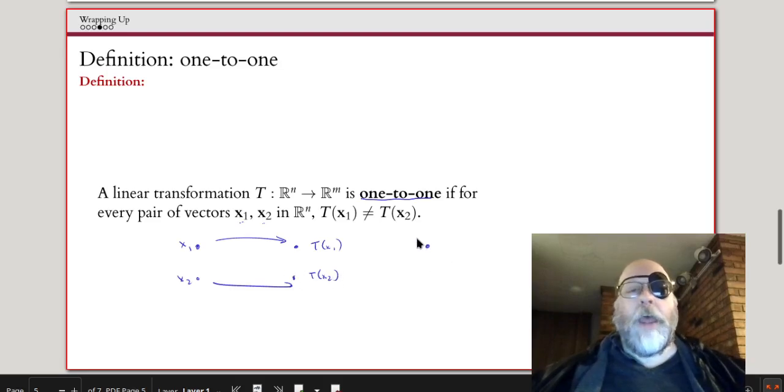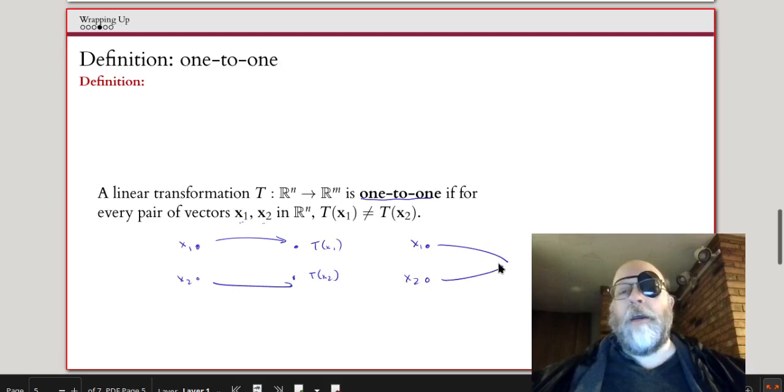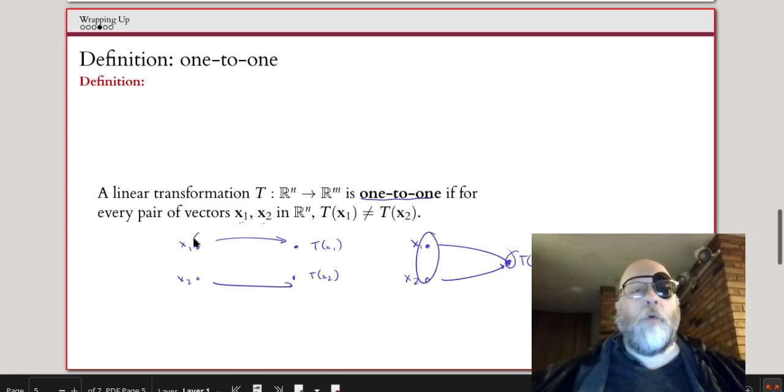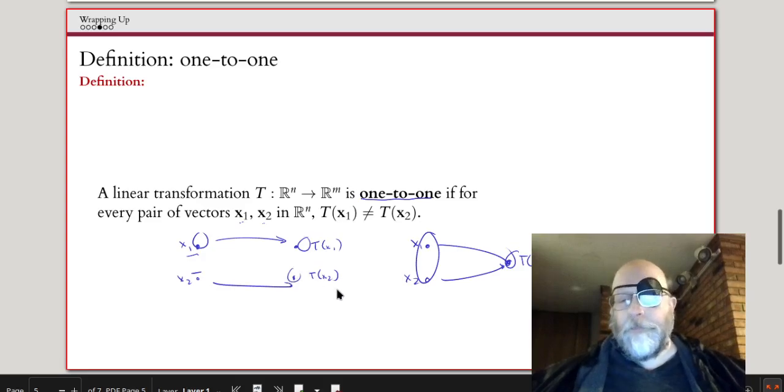So what we don't have is x1 and x2 both going to the same vector. That would be 2-to-1 instead of 1-to-1. So 1-to-1 says if my vectors are different in the input, they are also different in the output.